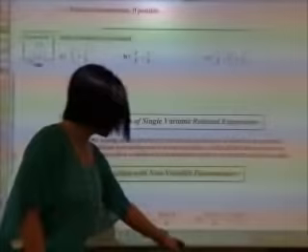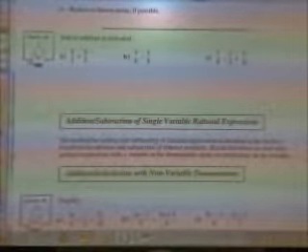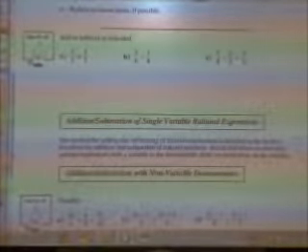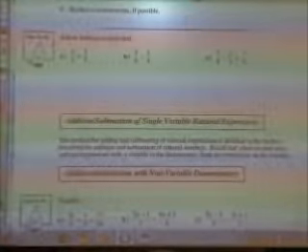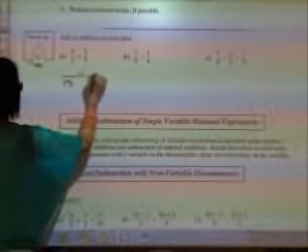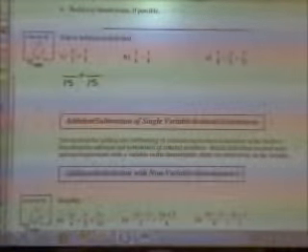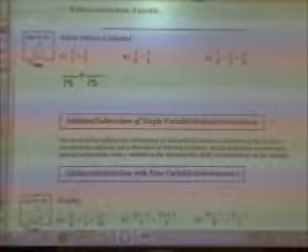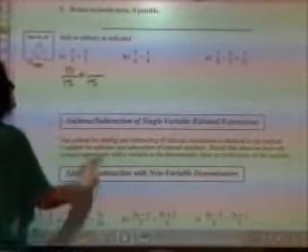So if I have 2/3 and I'm adding it to 2/5, what would my common denominator be? 15. So I would have to rewrite both fractions with a denominator of 15. 2/3 is how many 15ths? And 2/5 is how many 15ths?